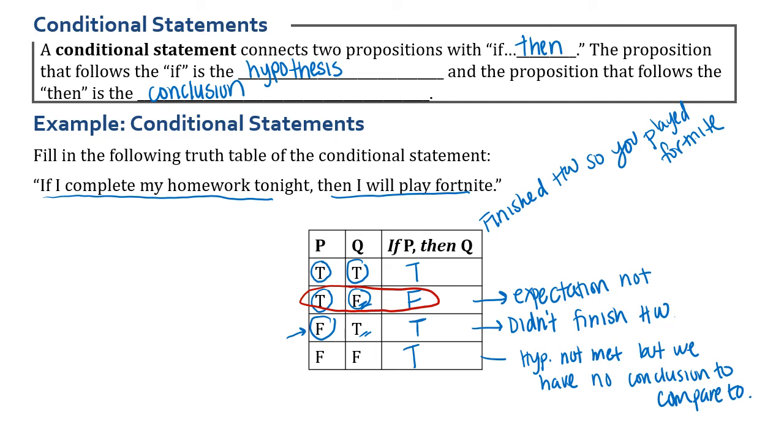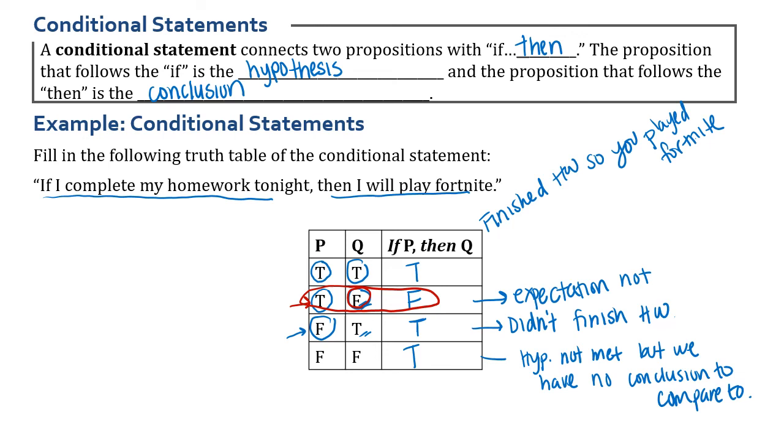We can't say whether if P then Q is false because the hypothesis wasn't met. But if the hypothesis is true, you complete your homework, and the conclusion is false, you don't get to play, then if P then Q is a false statement.